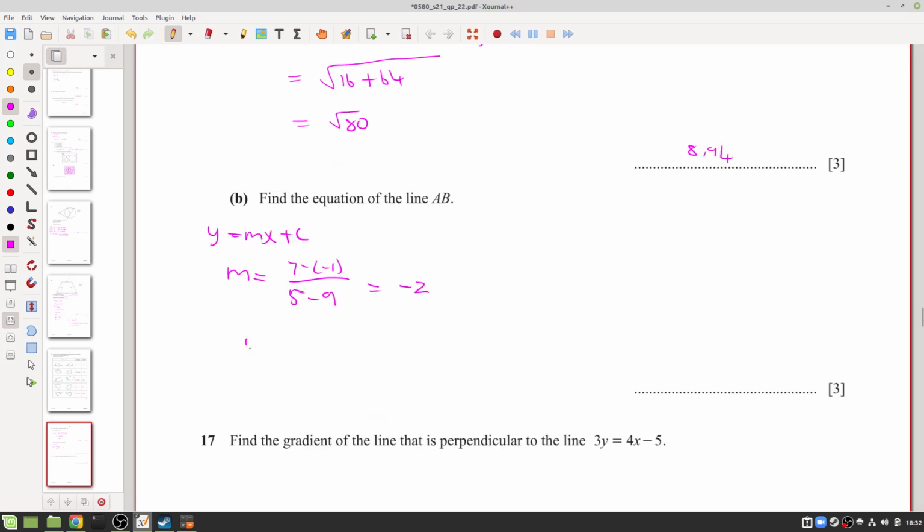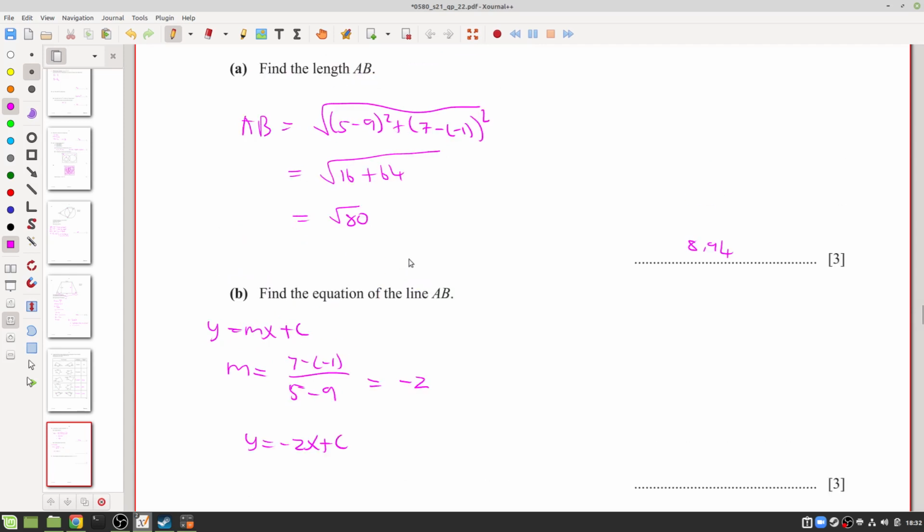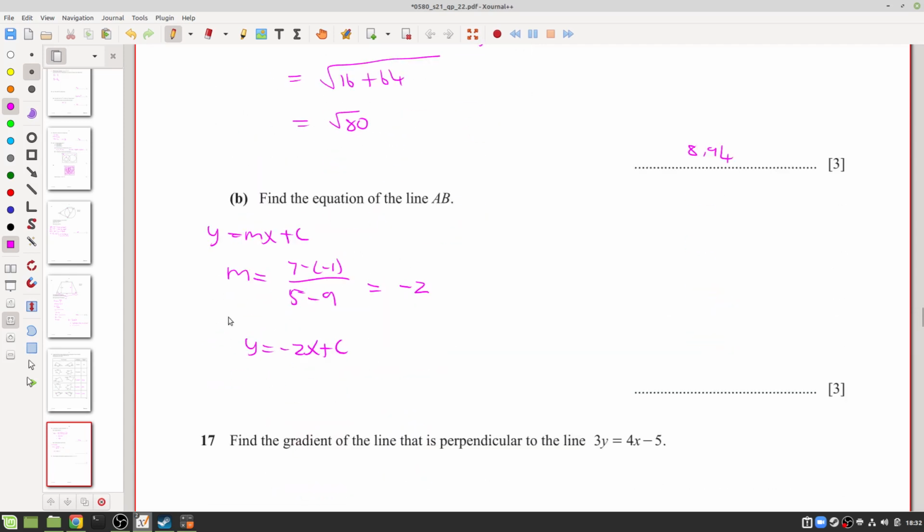So far we know y equals -2x plus c. To find c, we can just substitute a value. So I'm going to substitute 5 and 7. So 7 equals -2 times 5 plus c. So that gives us 7 plus 10 equals c. So 17 is c. And that gives us a final equation of y equals -2x plus 17.